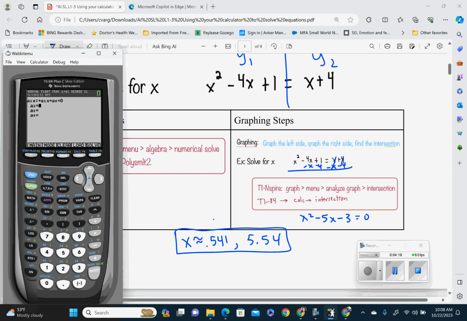So now the first one that you're putting in is the number that's in front of the x squared, which is 1. For the next one, you're going to put in the number that's in front of the x, which is negative 5. The 5 and the negative go together. And the c term, which is negative 3, is going to go under a0. So negative 3. And then you literally just hit solve, and it'll give you your two numbers. Whichever one is easier for you, they both do the same exact thing. All right.